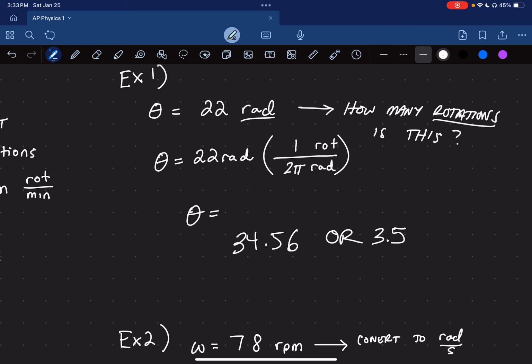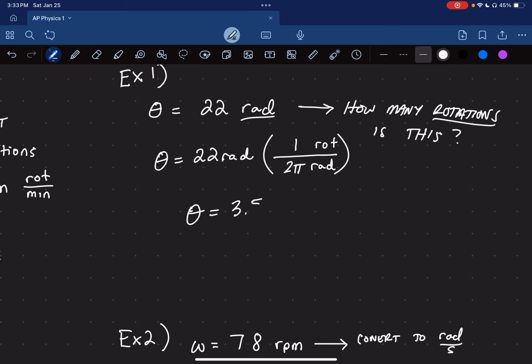What is the correct answer? Correct answer is 3.5 rotations. Kind of rounding 3.50 rotations.